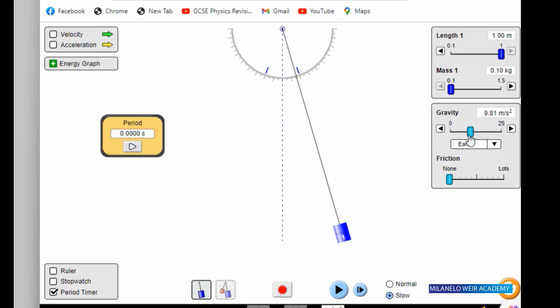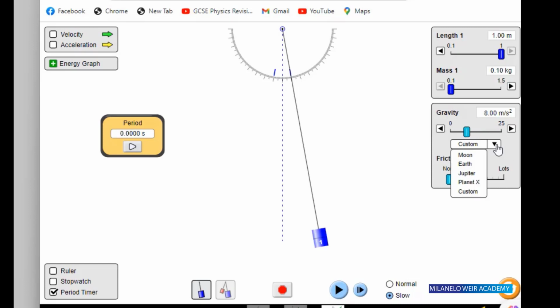So for gravity, let me choose a smaller angle, 10, and here is our gravity. This is on Earth, remember? No, let's choose the moon.